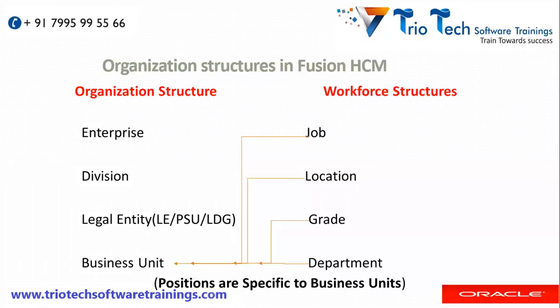So there are different companies in the Reliance group, but all these companies are part of the Reliance group, which is the ultimate holding company. That Reliance group is called the enterprise. The ultimate holding company, the mother holding company of the client, will be called the enterprise in the system.